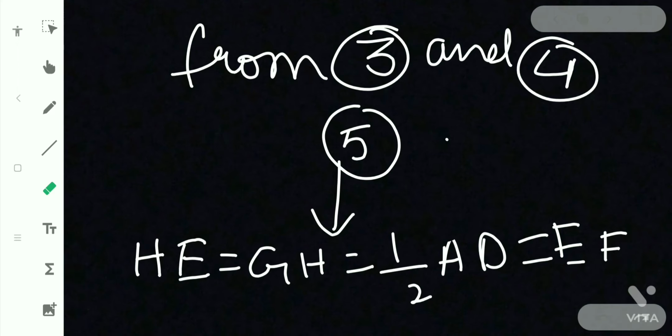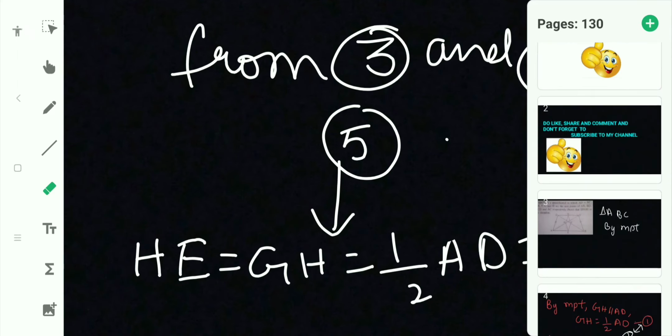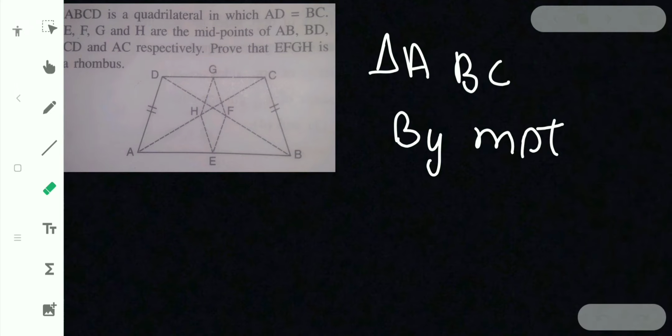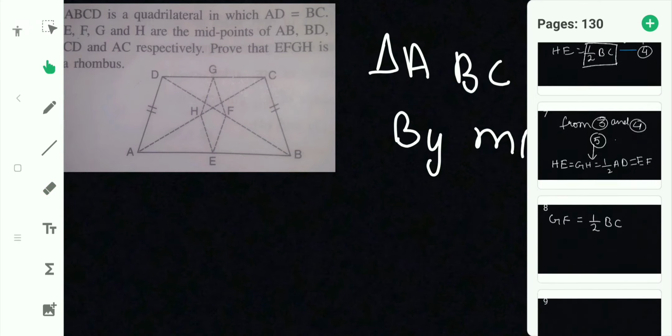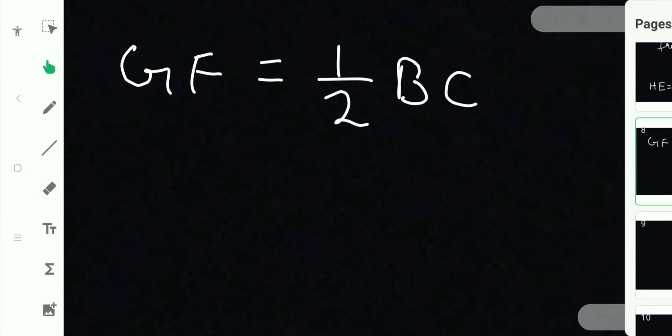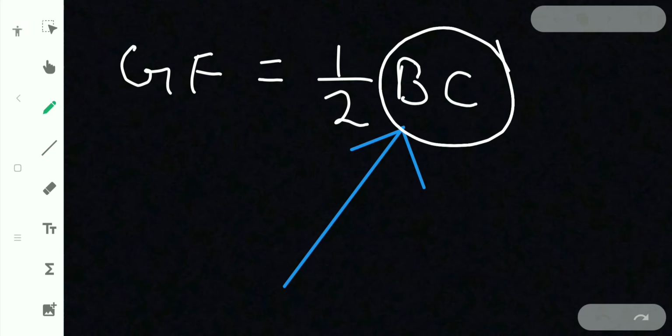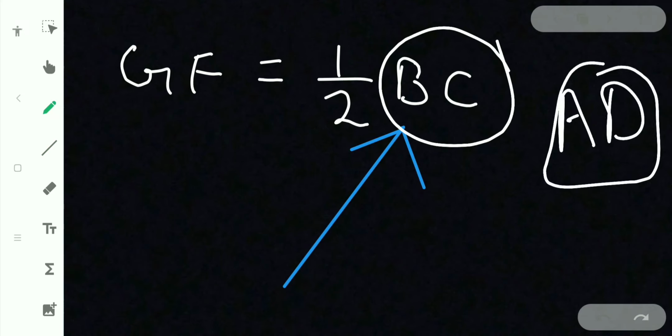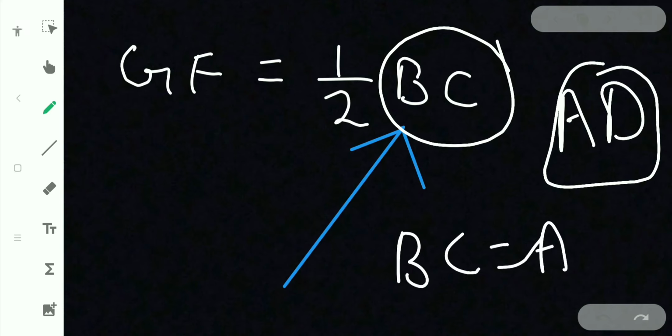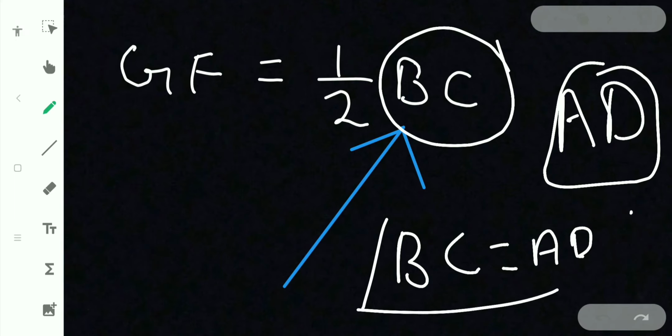Here BC is equal to AD, given in the question. Now again here you can see we are having BC, and in place of BC I can write AD. Am I right? As from the information, BC is equal to AD.